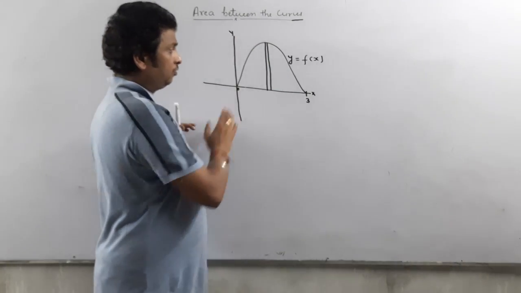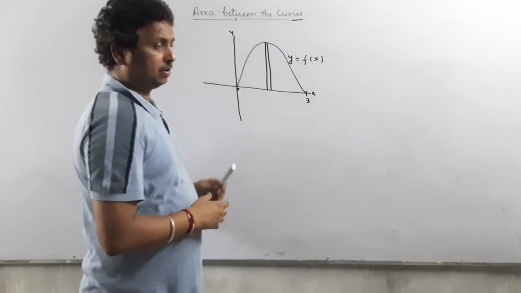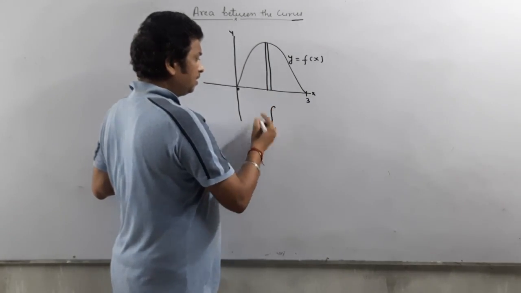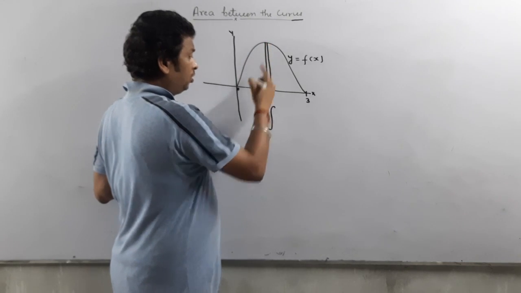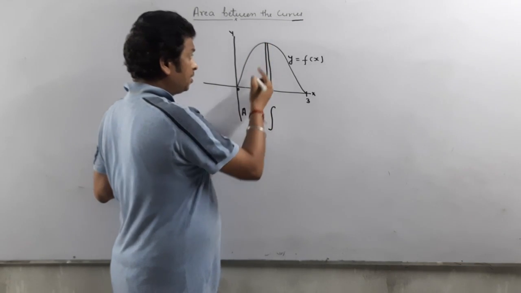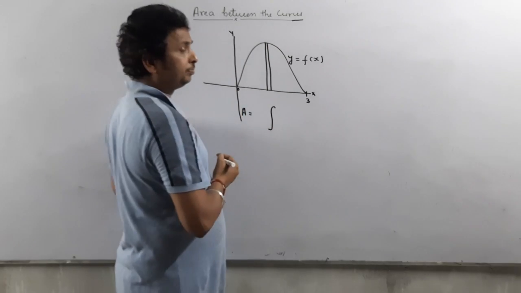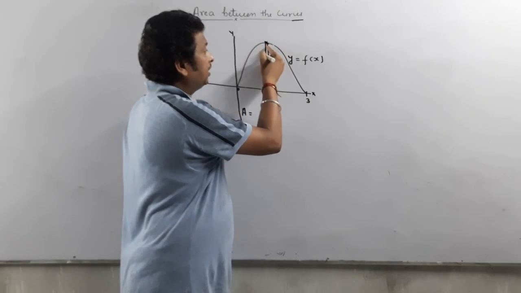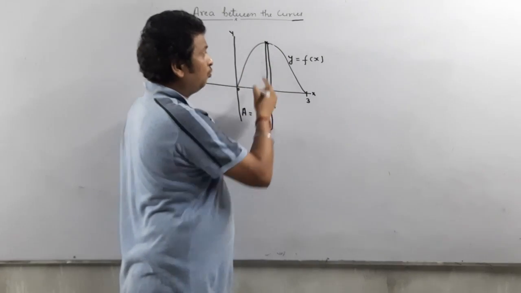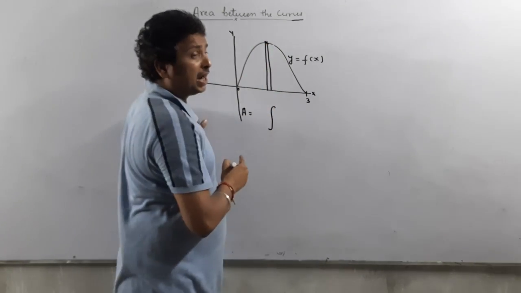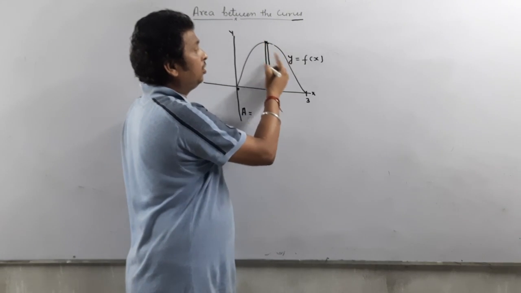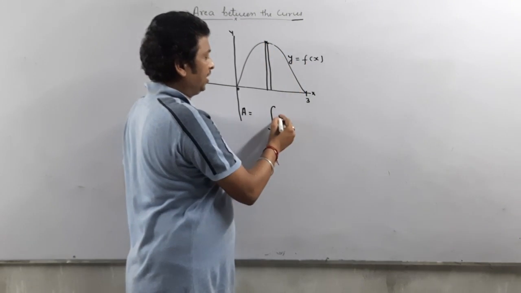For this curve, once you draw the vertical line, just calculate the y value at the upper end of that line. See, the upper end lies on which curve? y is equal to f(x).